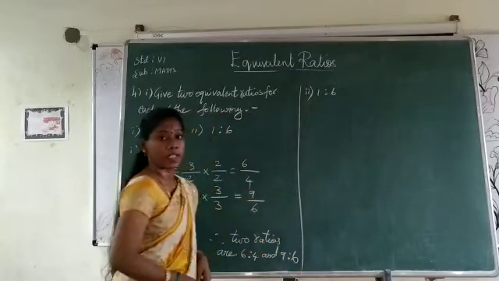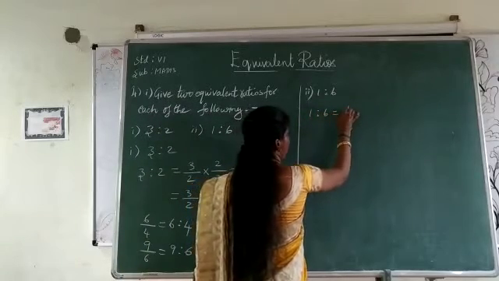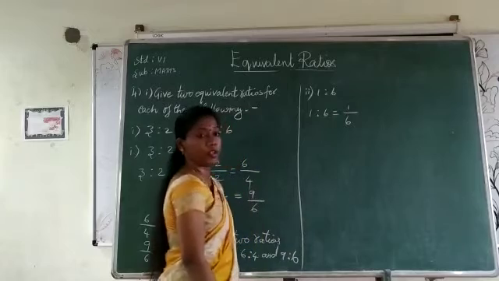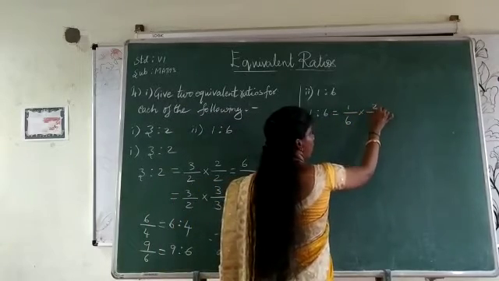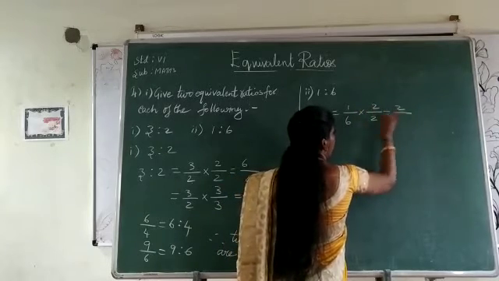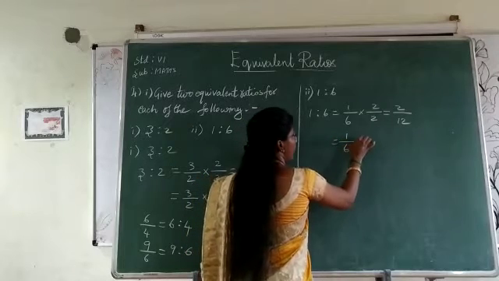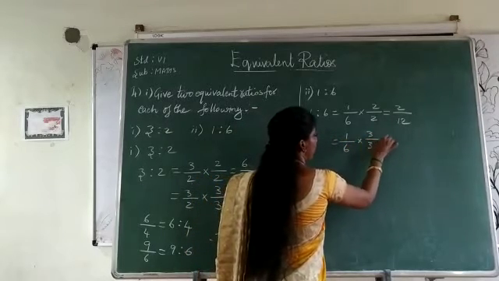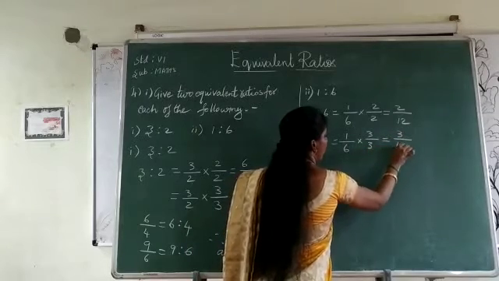Second question, 1 is to 6. First step, 1:6 is equal to 1/6. You have to change it into fractional form. 1/6. First, you have to multiply by the smaller number, that is 2/2. 1 into 2, 2. 6 twos are 12. And second, 1/6 into 3/3. 1 into 3, 3. 6 threes are 18.